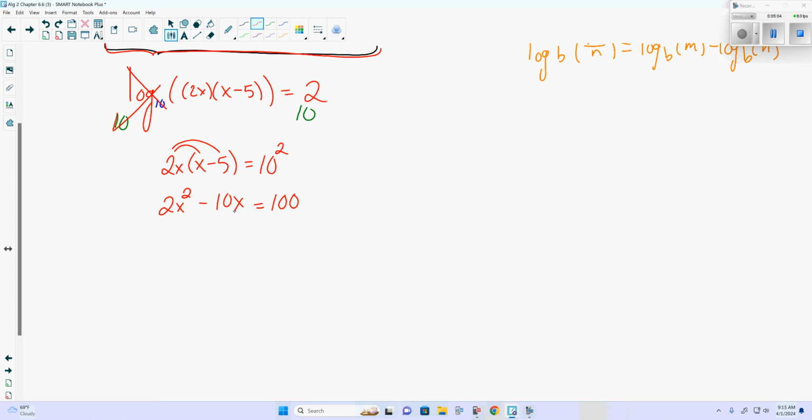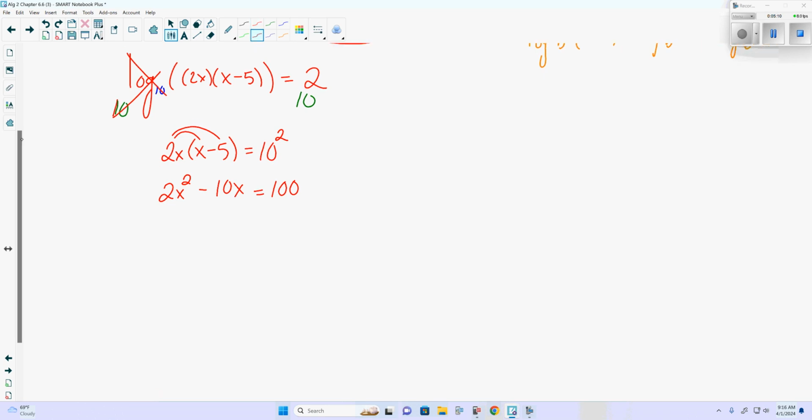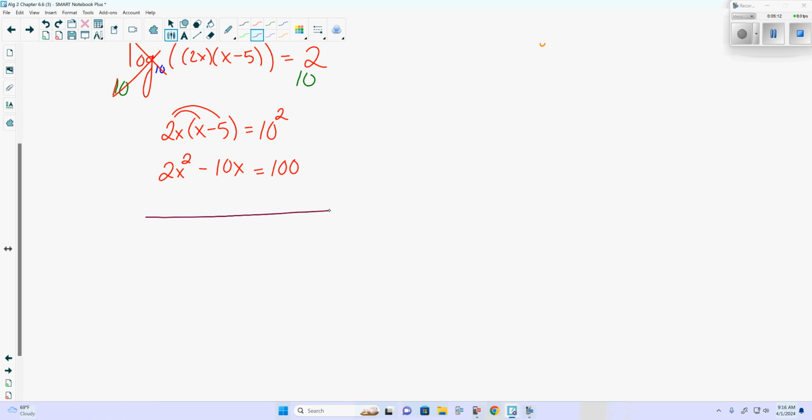We have a quadratic term, which means we need to get this equation equal to 0. I'm going to subtract 100 from both sides because we already have the x squared and x term on one side. It's only going to take one step to get the 100 over there with it.